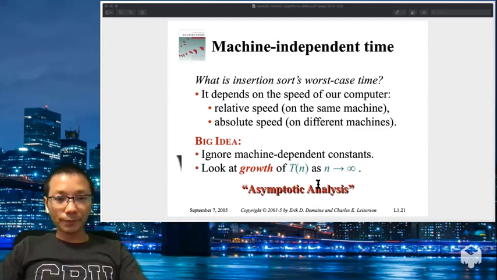It could also be the absolute speed when you compare different machines, which have different computing resources. Those are difficult to talk about. What's usually more interesting is that we want to ignore the machine-dependent constants, like this computer has 6 cores, 8 cores, that kind of stuff.